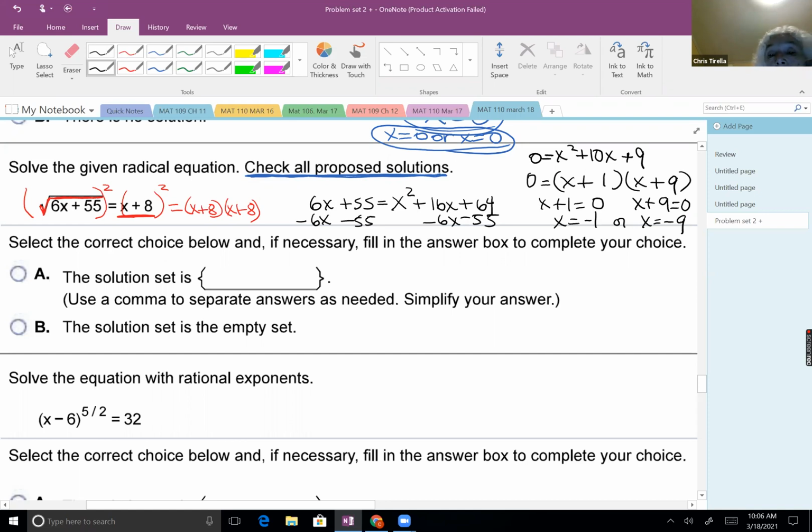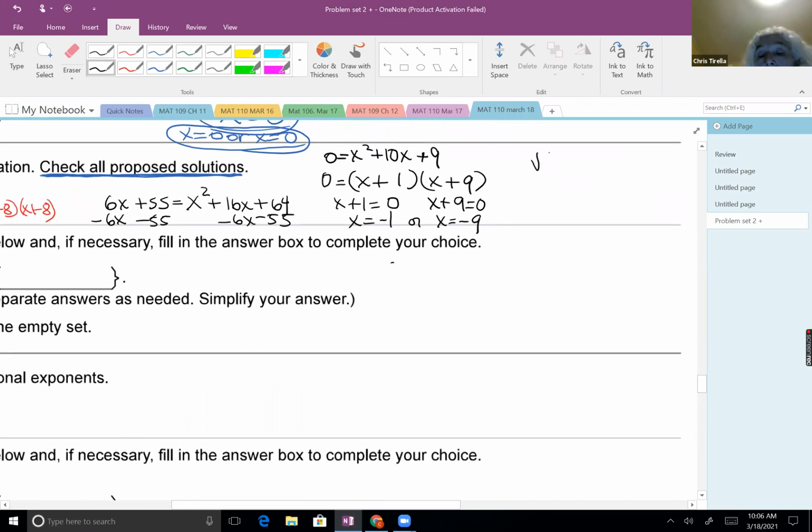But again, I want to check those in the original. The original was the square root of 6x plus 55 equals x plus 8. First, if I check x equals -1, that's the square root of 6 times -1 plus 55 equals -1 plus 8. That gives me this principal root of 49 is 7, and it checks.